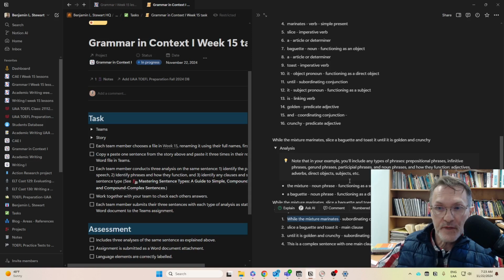Now in this example, because I only had one type of phrase, you could also find prepositional phrases, infinitive phrases, gerund phrases, participial phrases, as well as noun phrases. But again, we want to indicate how all of these phrases are functioning. Are they functioning as an adjective, an adverb, a direct object, a subject, and so on? And then again, my third analysis here at the level of the clause.